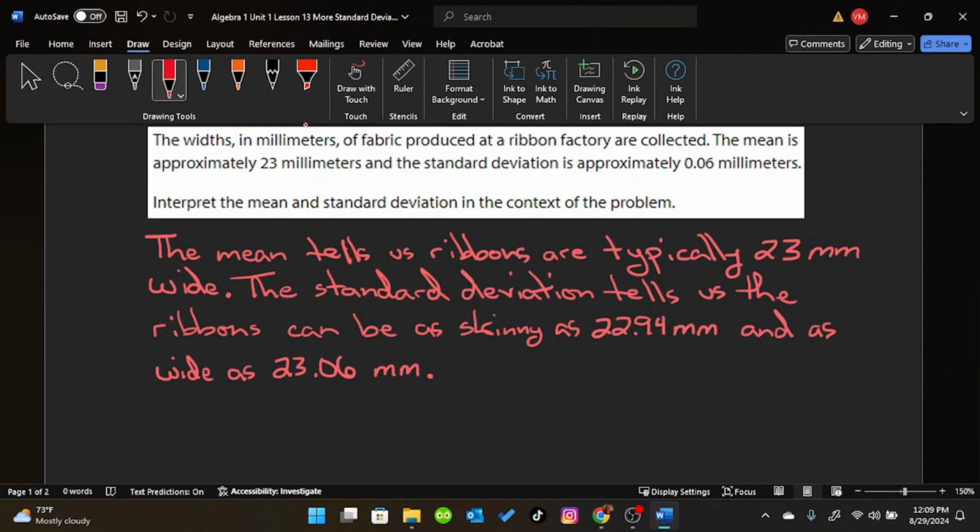The majority of these ribbons, even though typically they are 23 millimeters, a large majority of them are actually somewhere between 22.94 millimeters and 23.06 millimeters. If you have any questions about this practice problem, please use class time now to ask for further clarification so that you are set up for success moving forward.